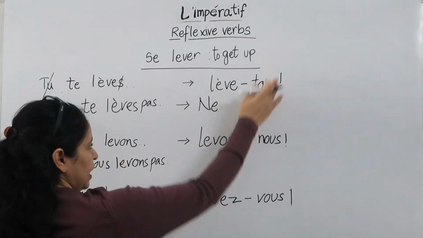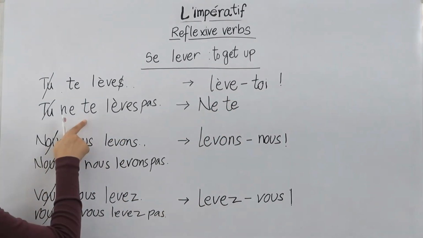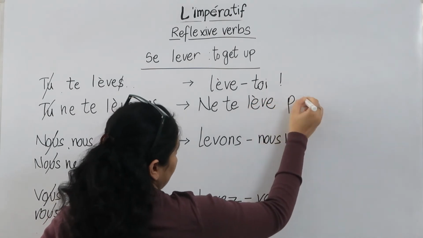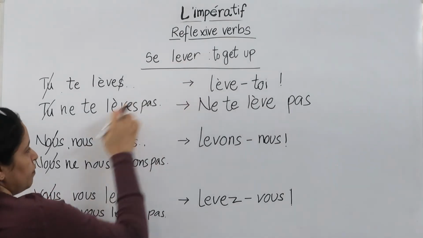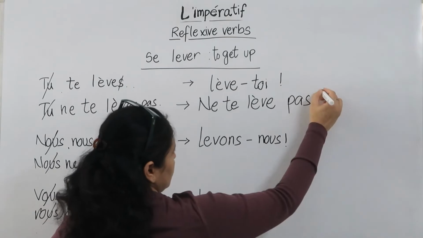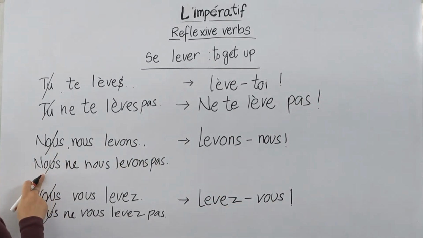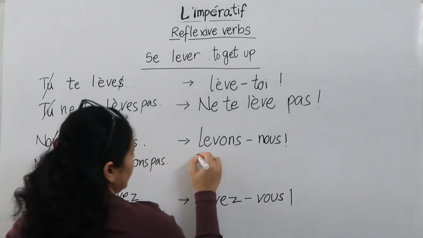This te will again come in front, the same as we have written it here. Ne te lève pas. Here I am following the rule for ER group verbs, where we have to remove the S from the conjugation. I did not write that S. Ne te lève pas. Again, ne can only stay in front. So we are writing it the same way.